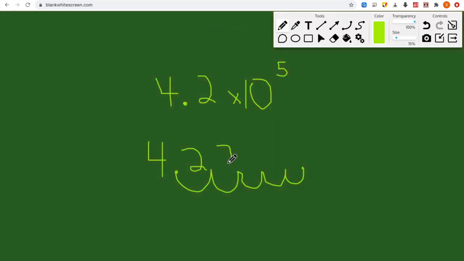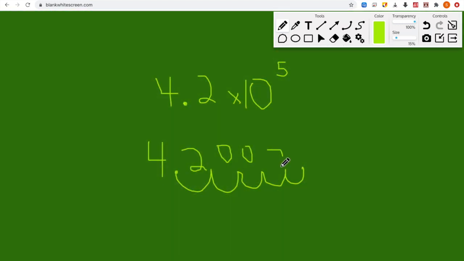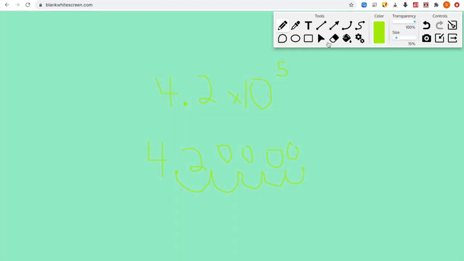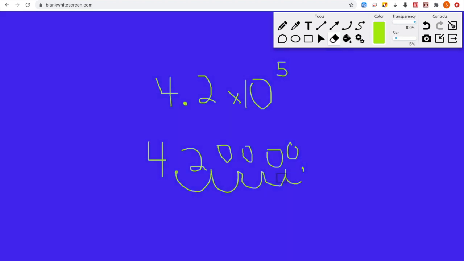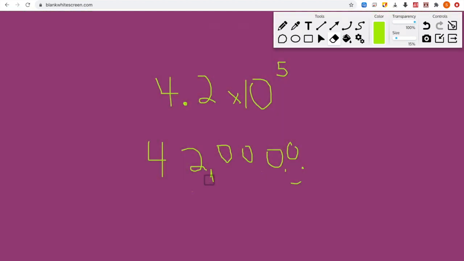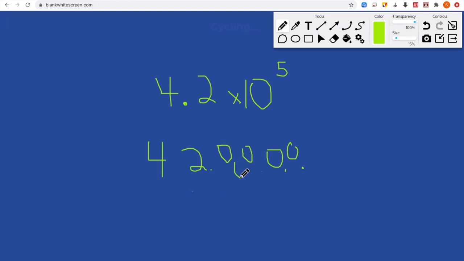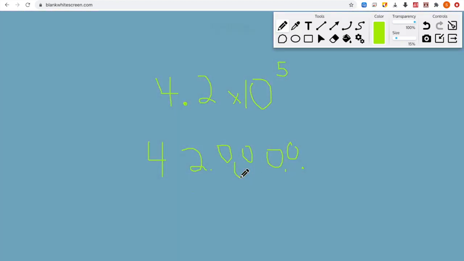So I'm going to fill in those spaces with zeros. And I know that this number in decimal form will actually be 420,000. Now I'm going to go ahead and do another example.